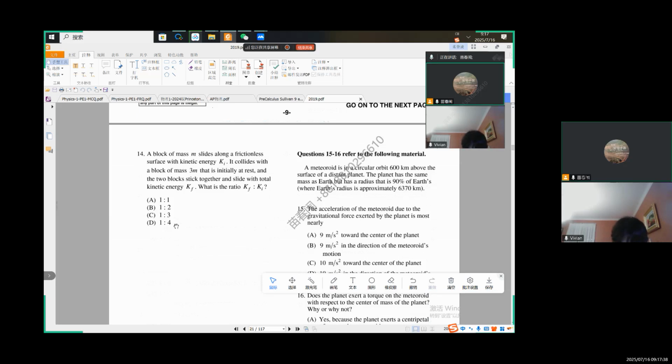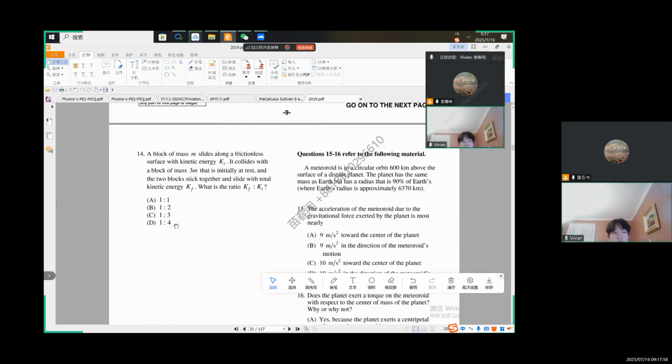14. One whole mass m, what is the ratio kf to ki? Oh, this was not bad.